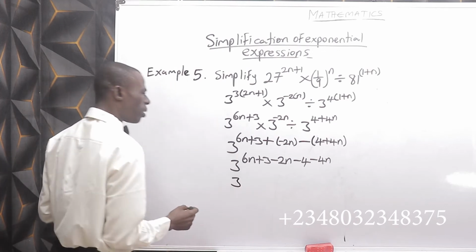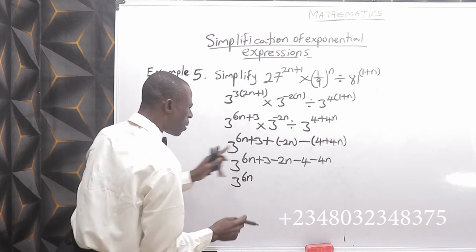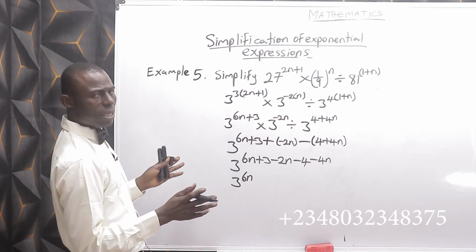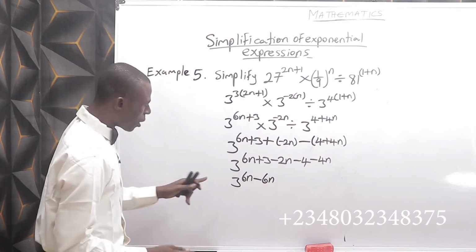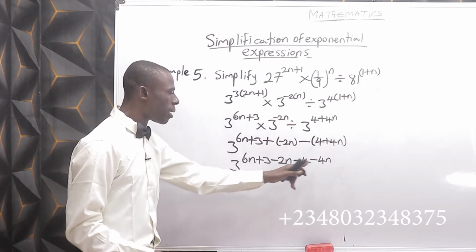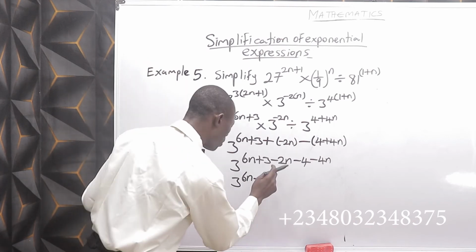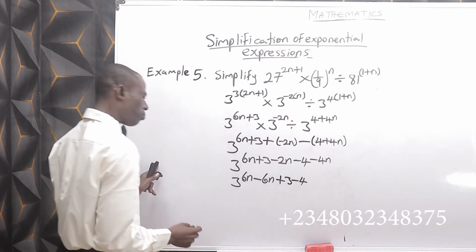This is 3 raised to power 6n, minus 2n minus 4n means minus 6n. So, minus 6n. Don't forget we have this positive 6n. The minus 2n minus 4n is negative 6n. Plus 3 minus 4.